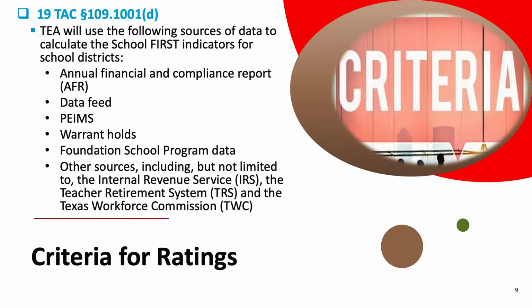We get a report every month that comes to my desk with warrant holds from the comptroller's office. So I know who has a warrant hold. I know how long it takes you to clear it up. And you remember you have those 30 days to clear it. There's going to be a school district that is going to be very surprised because they took 31 days to clear their hold.